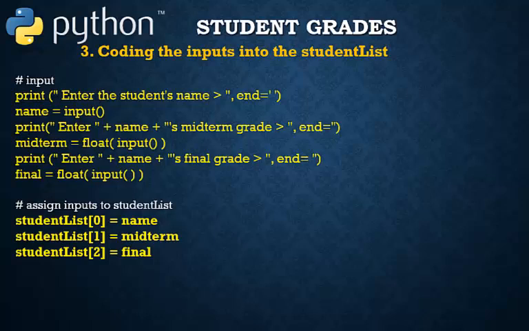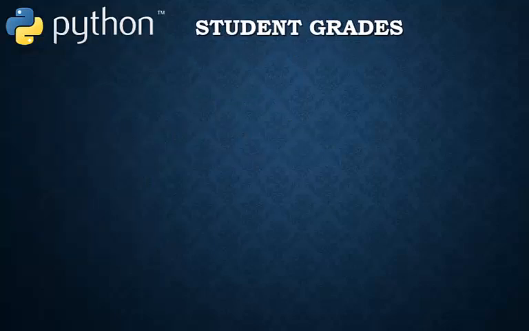Next, we store their values in our student list using the appropriate index to assign them. 0 for the first item, which is the student name, 1 for the second item, which is the midterm score, 2 for the third item, which is the final exam score.